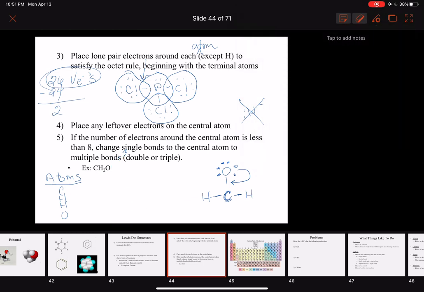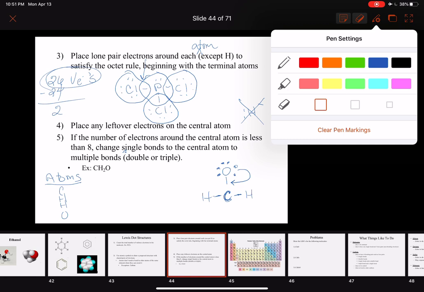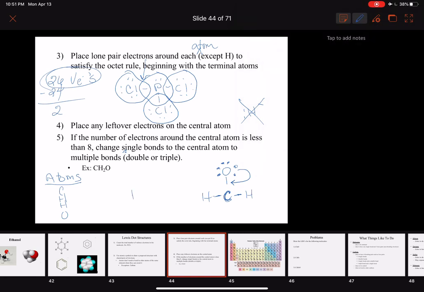And what we can draw now is this structure right here. So we have a double bond to the oxygen, and I'm going to move the lone pair electrons that are on the top here to the side here. It doesn't really matter if you draw them top and left and top and right or left and right, but convention is that we draw them left and right when there are 2 pairs.